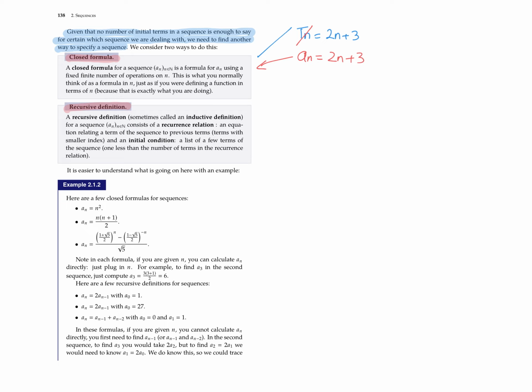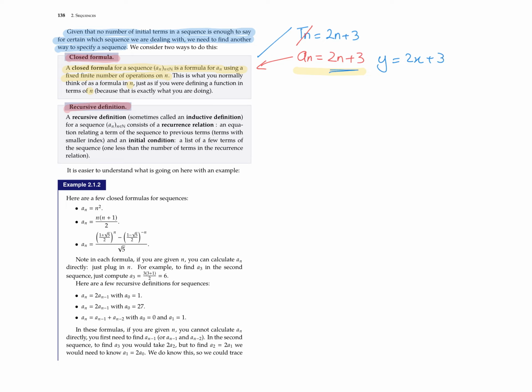The pure definition is: a closed formula for a sequence an is a formula for an using a fixed finite number of operations on n. This is what you normally think of as a formula in n, just as if you were defining a function in terms of n. Its equivalent in function language would be y is equal to 2x plus 3. It's the same thing.